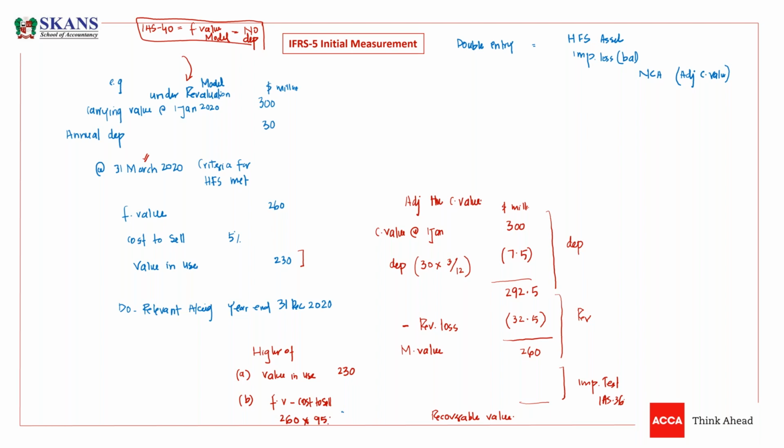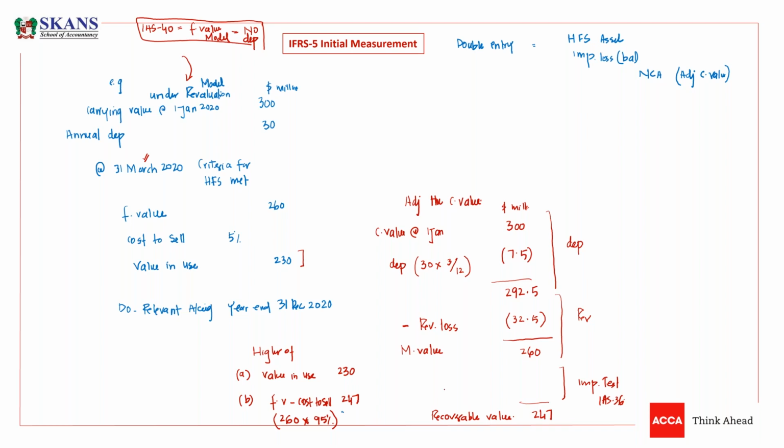So what is the fair value less cost to sell, guys? $247. Thank you so much. So now the recoverable value is 247.